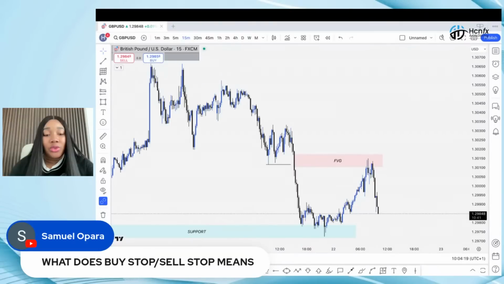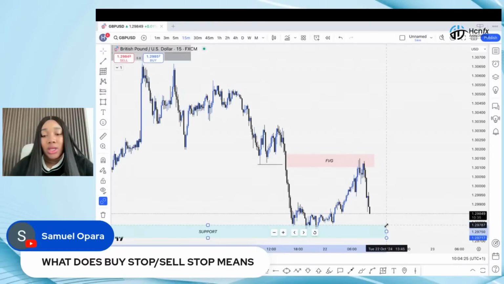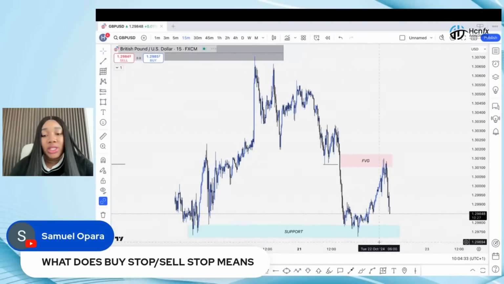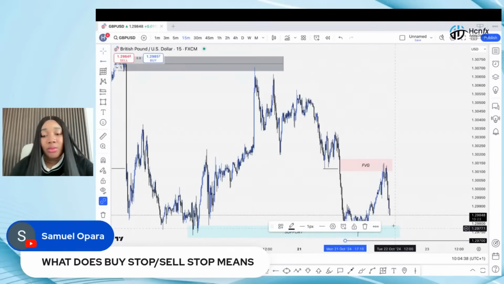So let's say, just like we are having this sell on GBP USD here, you want to sell, but you don't want to get in here because you are seeing a support. You want to get in once price breaks this particular support. Then you place an order there, waiting for price to break the support and trigger it, and if it keeps pushing down, then you will be in profit.